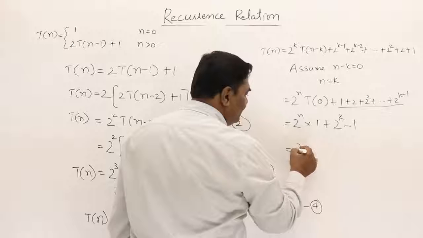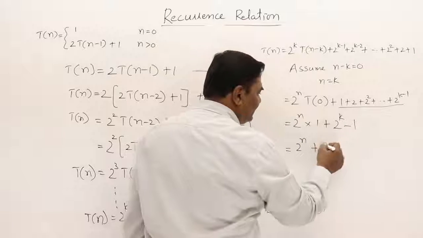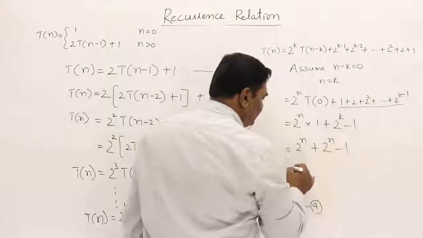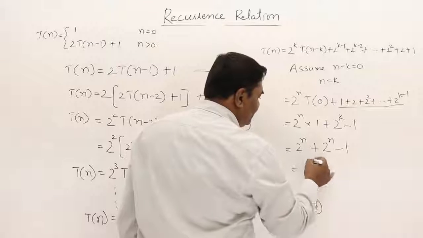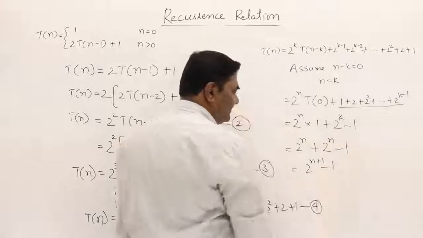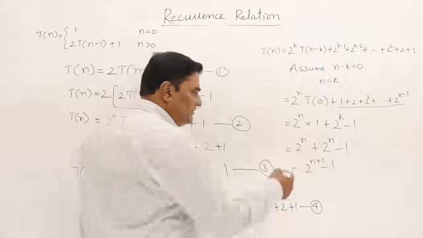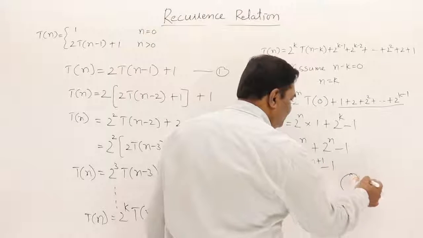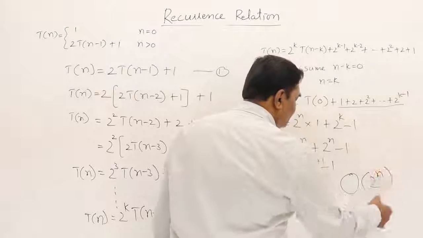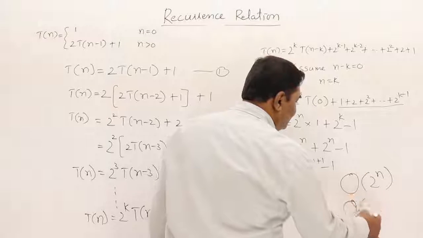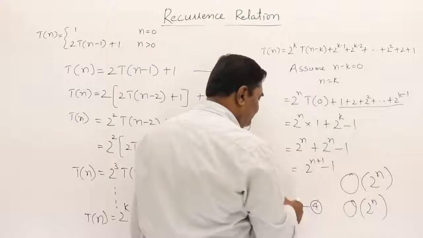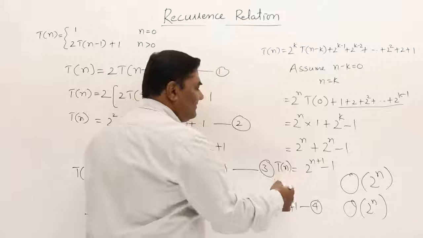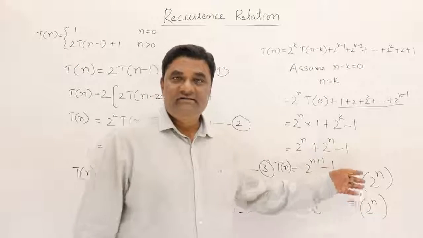So this will be 2 power n plus 2 power n minus 1. So this is 2 power n plus 1 minus 1. This is big O of 2 power n or theta of 2 power n. That's it. It is 2 power n.